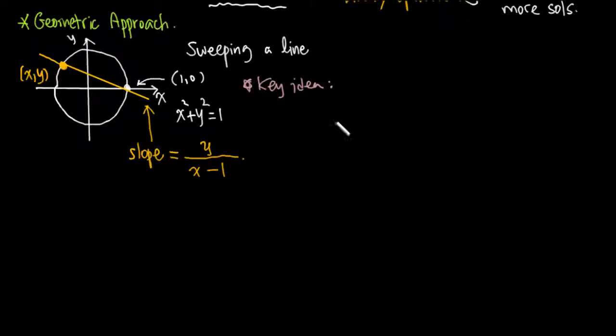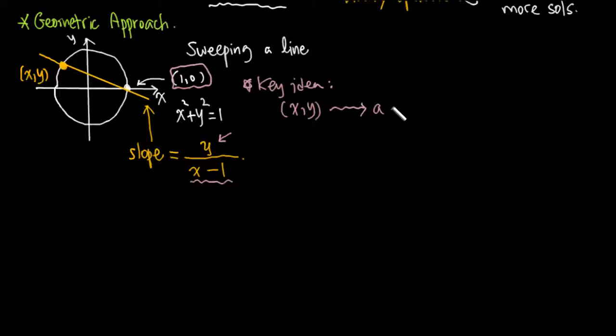So the key idea here, geometrically, is that whenever you have a rational point x comma y, and you play with this one rational solution, you realize that this is also a rational solution. We associate this one with this quantity, which is also a rational number. The y is a rational number, and x minus 1 remains a rational number.